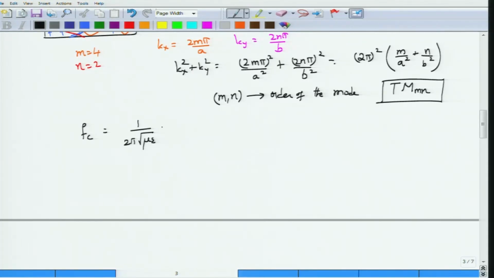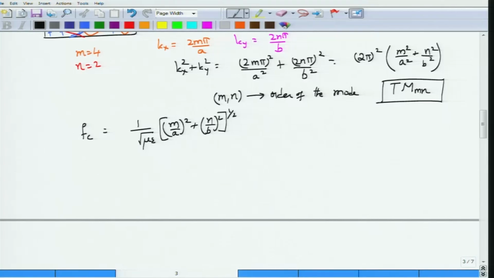So taking the square root of this, 2π will be factored out, and inside I have m² by a² plus n² by b², which can be rewritten as (m by a)² plus (n by b)². This 2π gets cancelled. So fc is 1 by 2√(με) times the square root of (m by a)² plus (n by b)². This is the expression for the cutoff frequency.